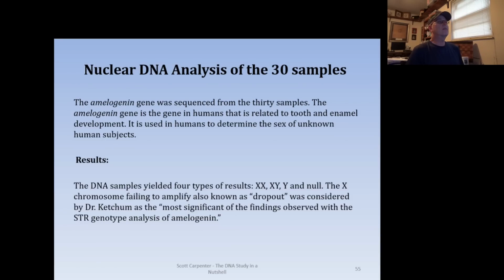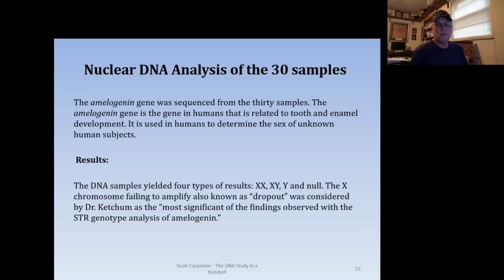So also they got 3 full genomes, and they had 30 samples. They were able to do nuclear DNA analysis of 30 samples, and these results yielded XX, XY, Y, and null.